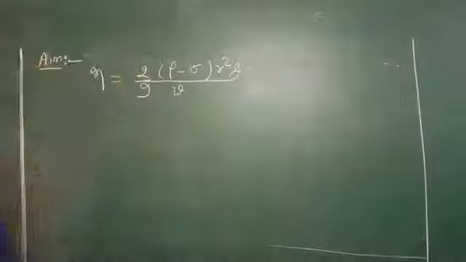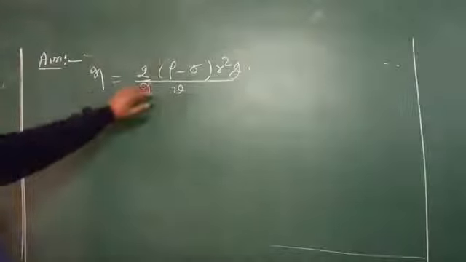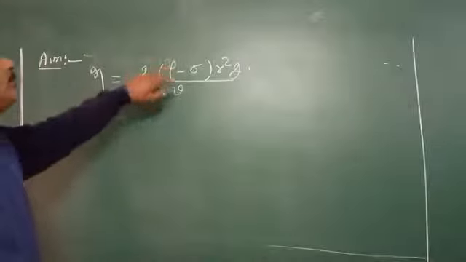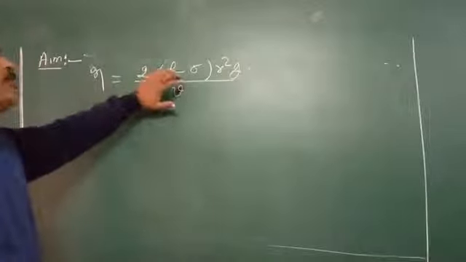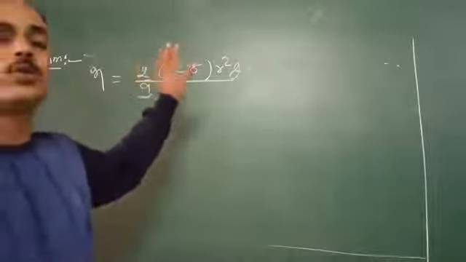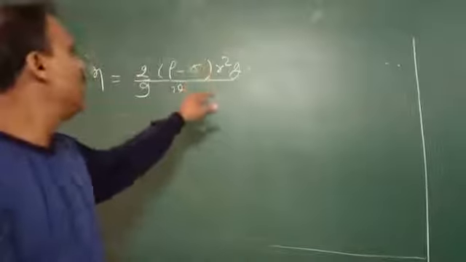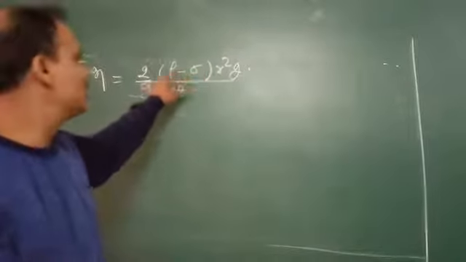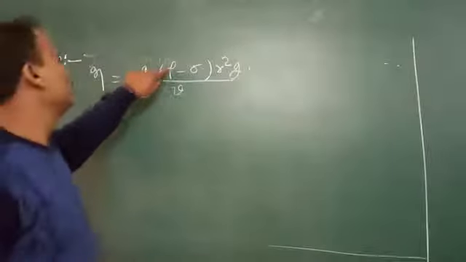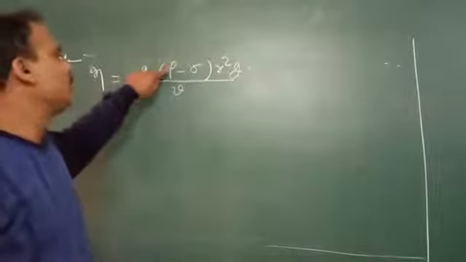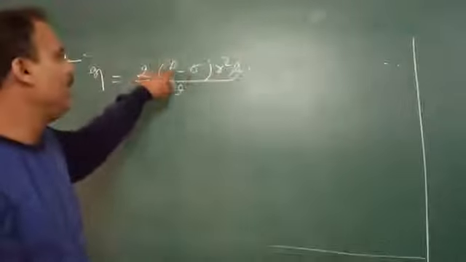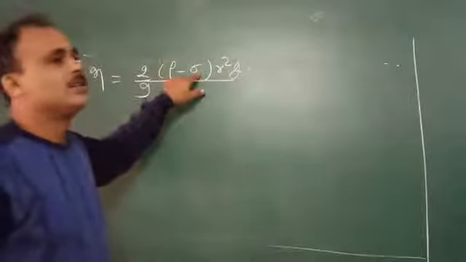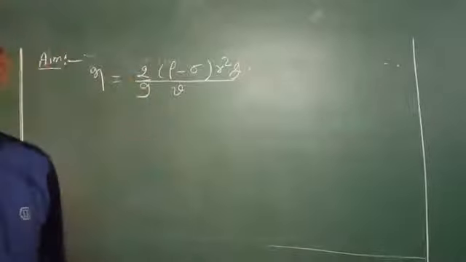We can find the values of rho and sigma from the table. Rho is the density of steel and sigma is the density of the liquid.